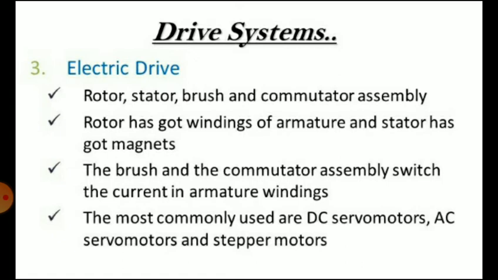The electric drive consists of a rotor, stator, brush and commutator assembly. The rotor has the winding of the armature and the stator has magnets. The brush and the commutator assembly switch the current in the armature winding. However, the accuracy and repeatability of electric drive robots are usually better.